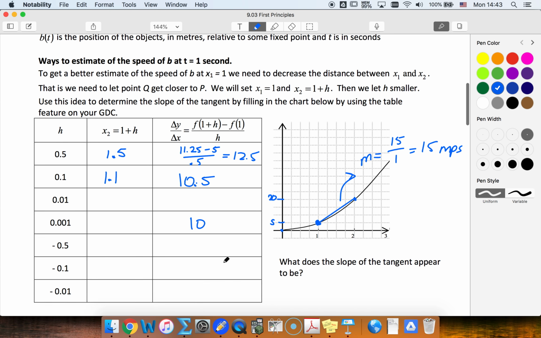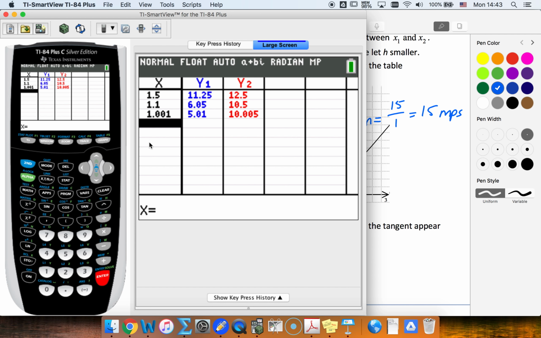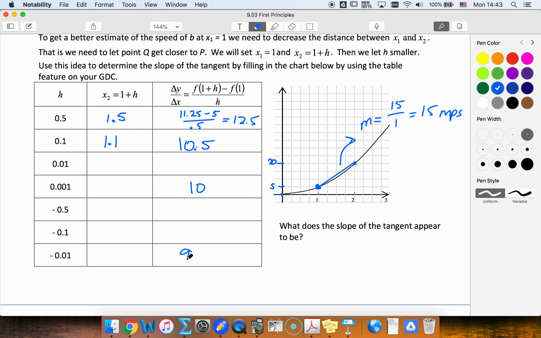Hopefully the same is going to be true when I approach from the negative side. So let's see. My x value now would be 1 minus 0.01. So we've got 0.99, and we can see that we end up with 9.95.